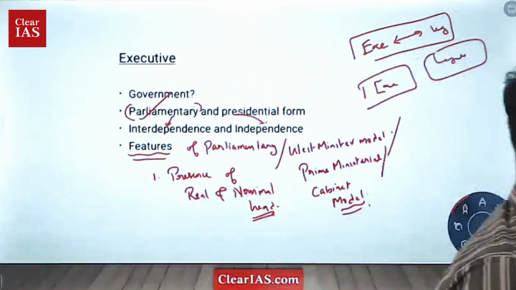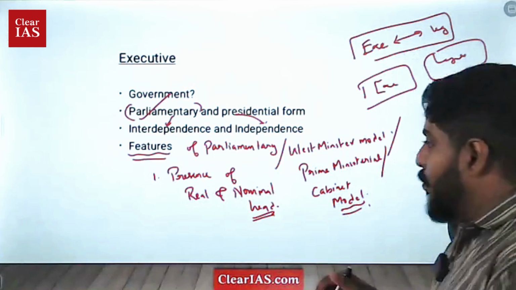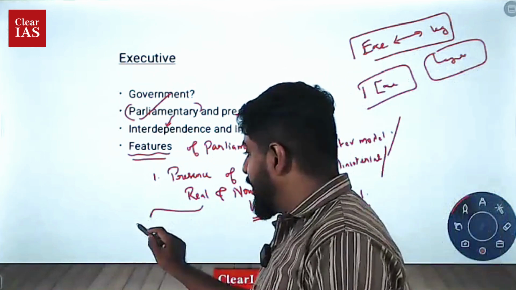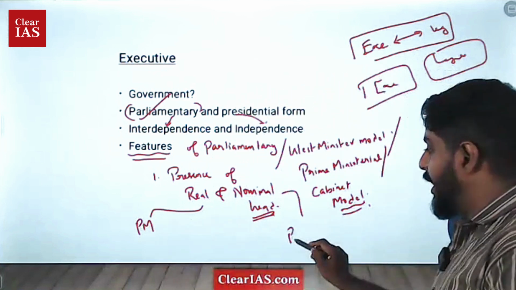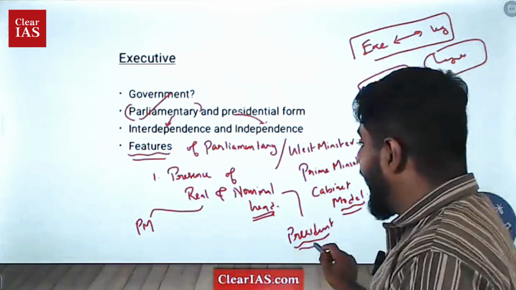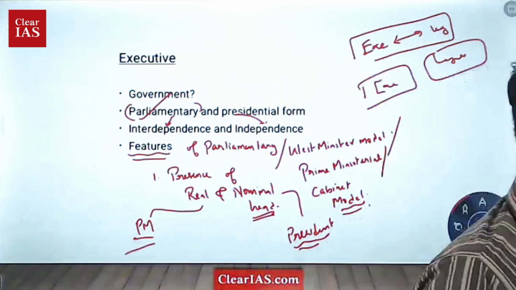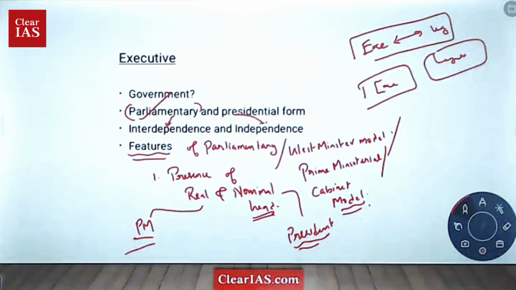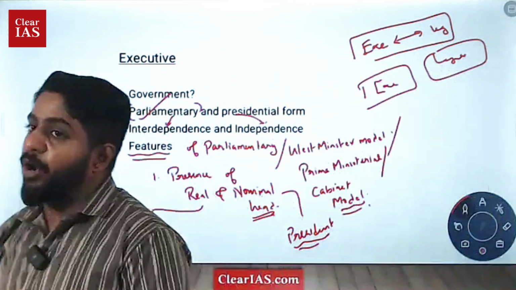Sir, you have two heads in the parliamentary form of government. One is the Prime Minister of India. The second one is the President of India. So the Prime Minister is the real head and the President is the nominal head.